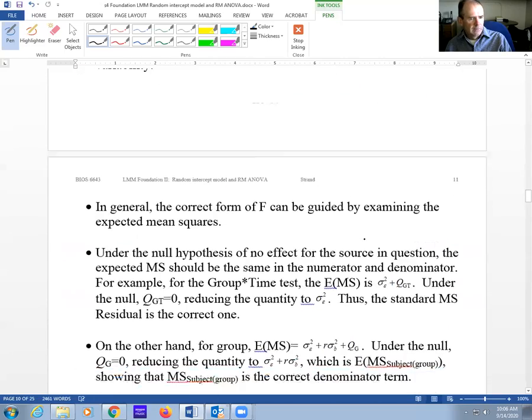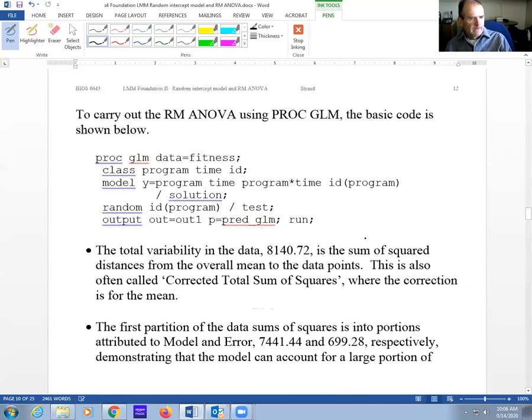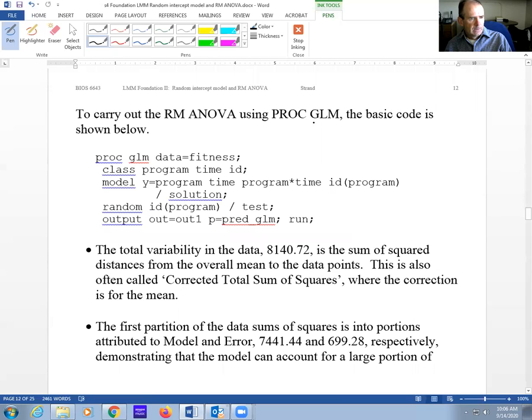So in terms of how you run this, if you use Proc GLM, you can do the repeated measures ANOVA, and the way that we actually get the correct test is to add this random statement here. And one thing you notice is that in the model statement, we add the fixed effects, which are program, time, and program by time.